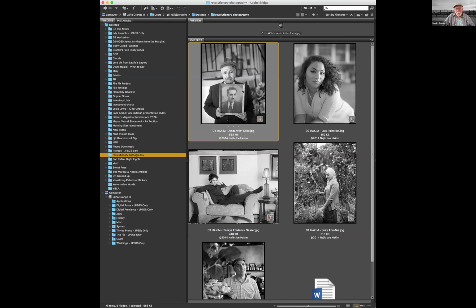Can we see any of them big? Sorry, can you click on any of them and make it bigger? I don't think so. I could do that, but that doesn't get you very far. I didn't put up very high res. Okay, they're really beautiful, especially the one on the upper right. It's just a beautiful portrait.